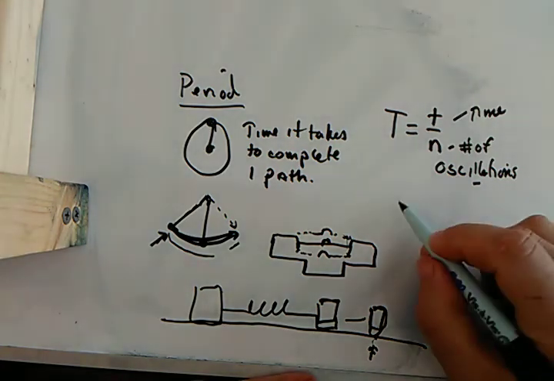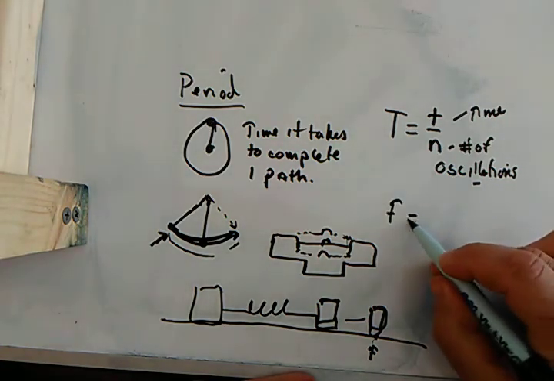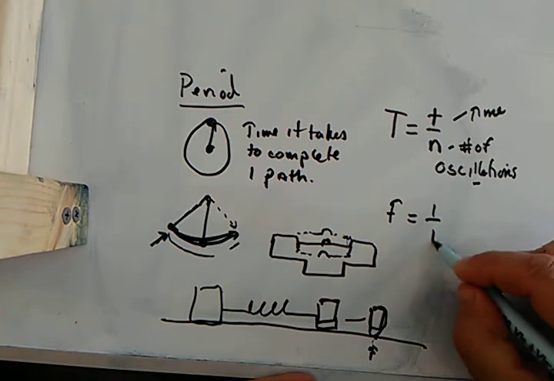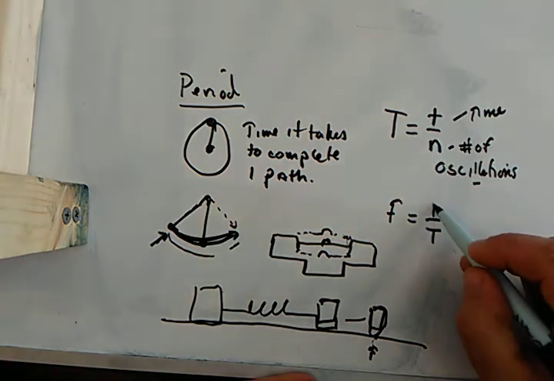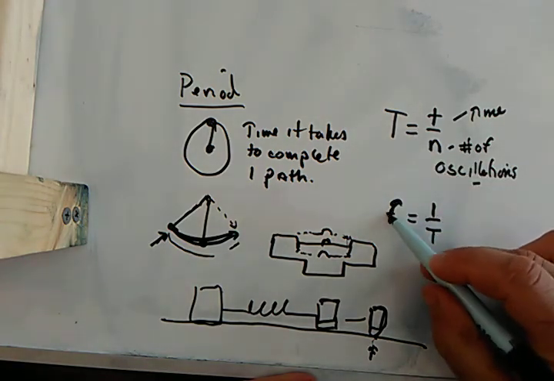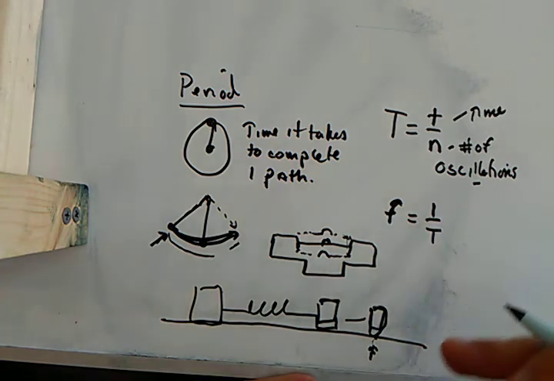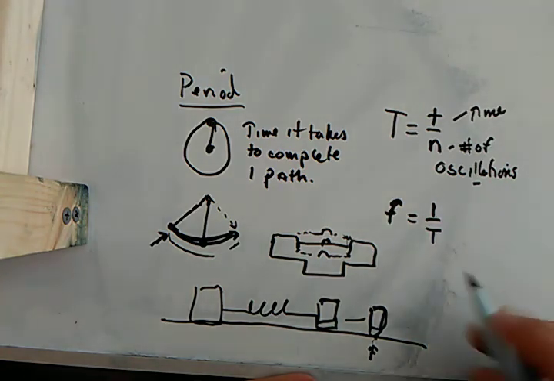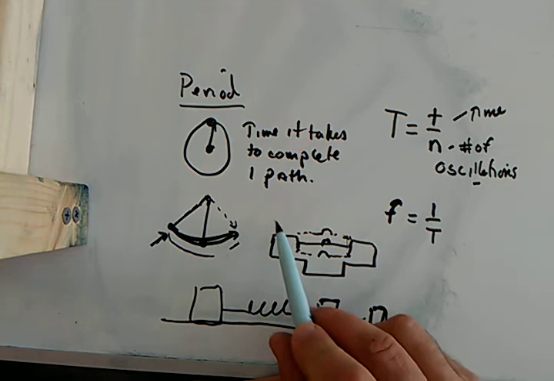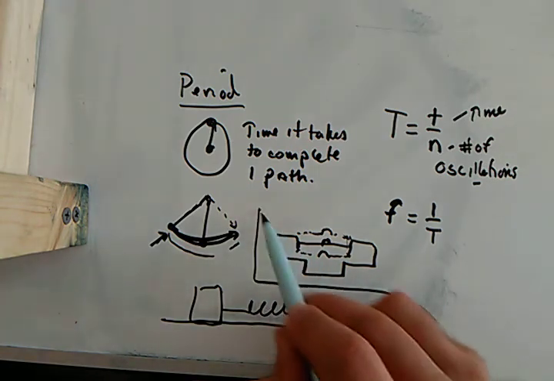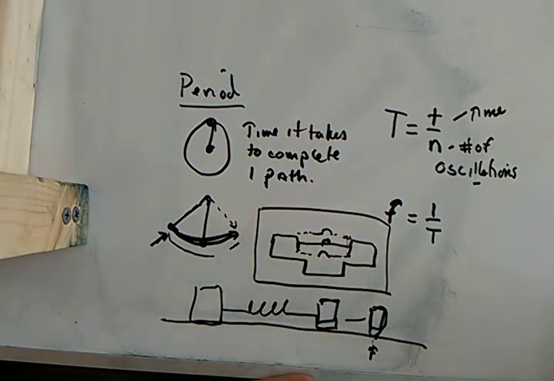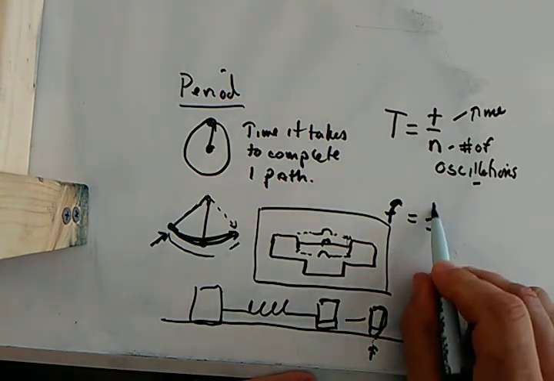So as with period, we have another term called frequency, and that is 1 over the period. And frequency can be looked at in terms of how often it happens. So I'd like to look at the speaker example for you guys, and relate it to sound and the frequency of sound.